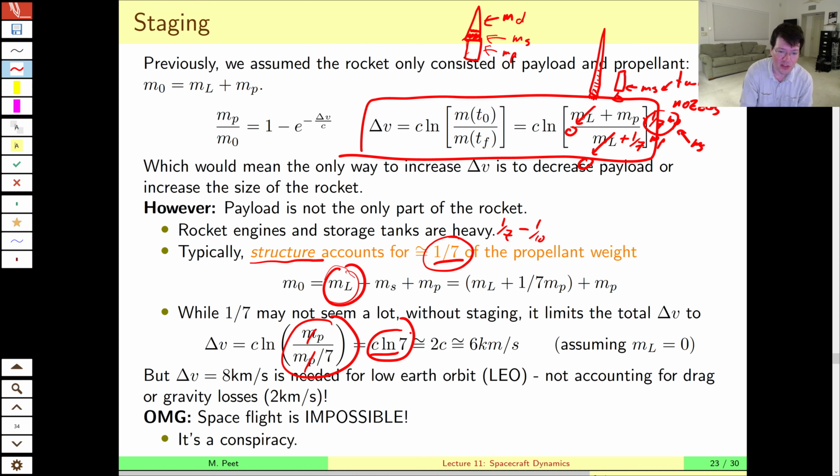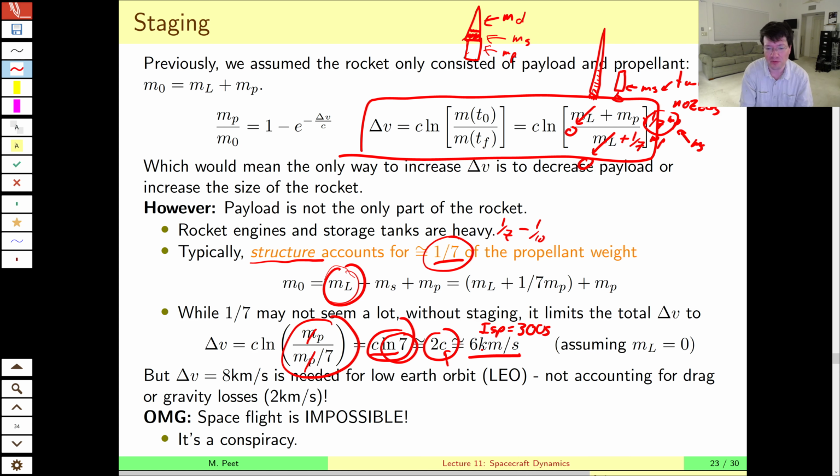But the total delta V, if we just calculate what natural log of 7 is, the total delta V of the rocket is going to be limited to 2C, whatever C is, and assuming that C is something reasonable, say 3 kilometers per second, ISP equals 300 seconds, then the total delta V of the rocket is going to be limited to 6 kilometers per second.